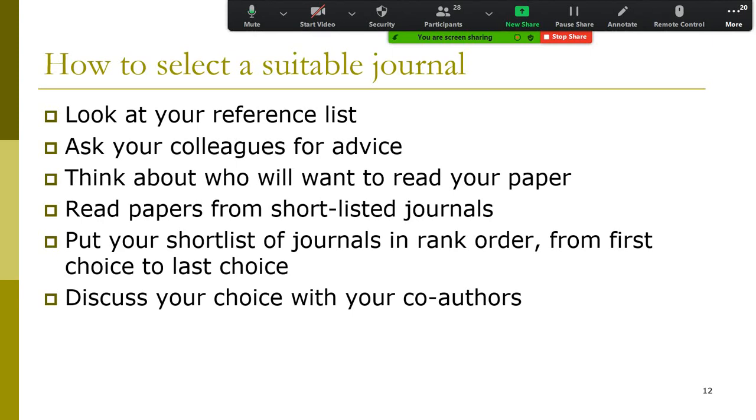Look at the journals in which those 15 or 20 articles were published. To determine the subject area of your article, it will be helpful to see your reference list, and you can easily find a suitable journal in it.